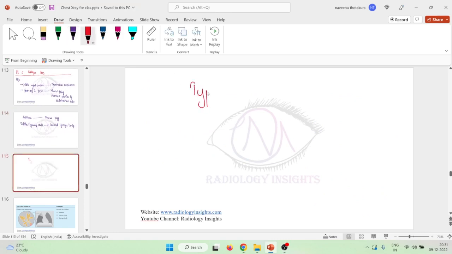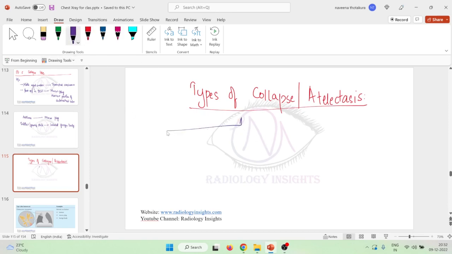Now, next, types of collapse or atelectasis. There are different types of collapse.